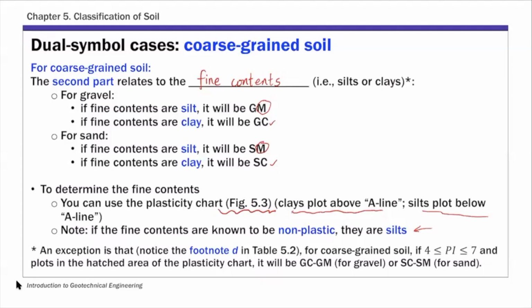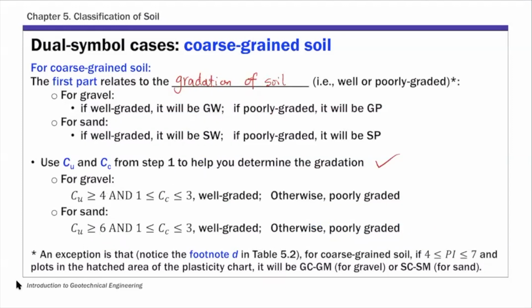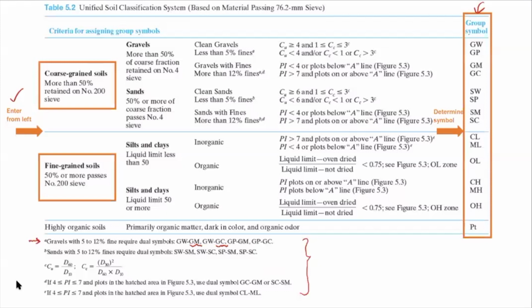Also, there's one exception. This is footnote D here in table 5.2. That's why I said dual symbol cases are tricky. For footnote D, if PI, plasticity index, is between 4 and 7 and plots in the hatched area in the plasticity chart, then the dual symbol case would be GC-GM or SC-SM.